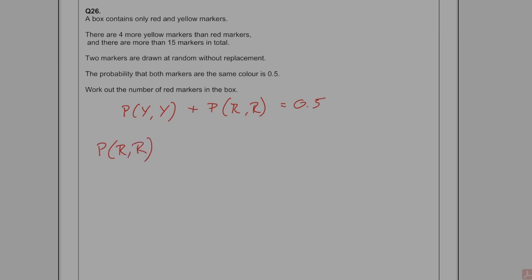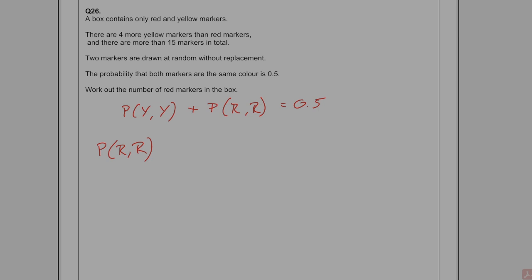So we have got far more yellow than red markers. So the probability of picking a red marker first of all is going to be, well, I don't know that number yet. So if I use R to stand for the number of red markers, there are 4 more yellow markers than red markers.